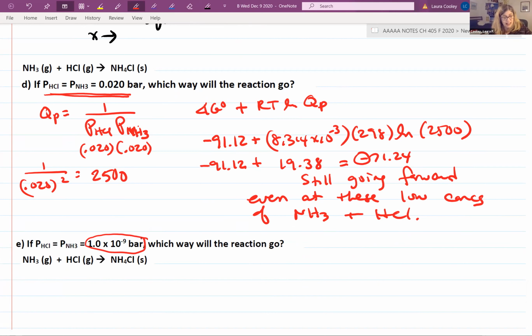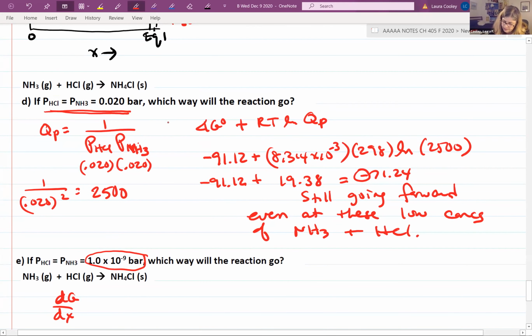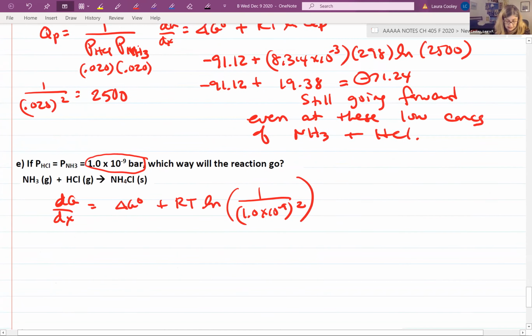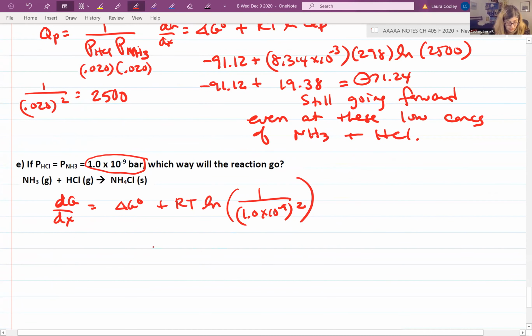When you put that number in there, this dG/dx, I forgot to write that here, is the delta G0 plus RT times the log of 1 over 1 times 10 to the minus 9th squared. Obviously, this is going to be much different. This is still minus 91.12, but now we add 102.7 to that. That's positive, and it comes out to a positive number.